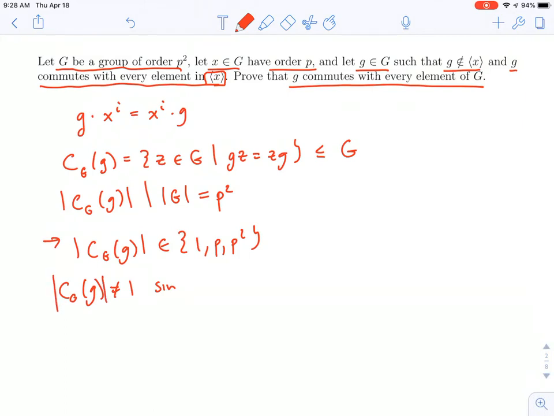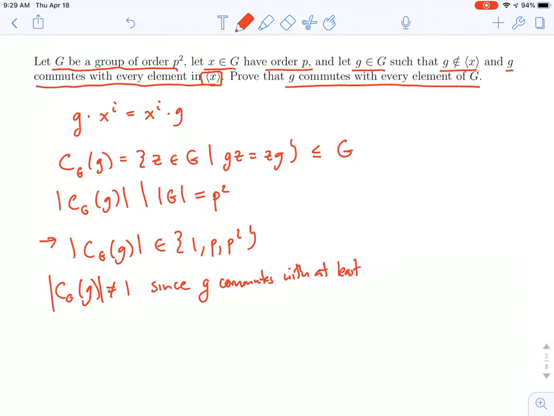So the centralizer has more than one element, since g commutes with at least p elements, namely, the elements in the group generated by x.